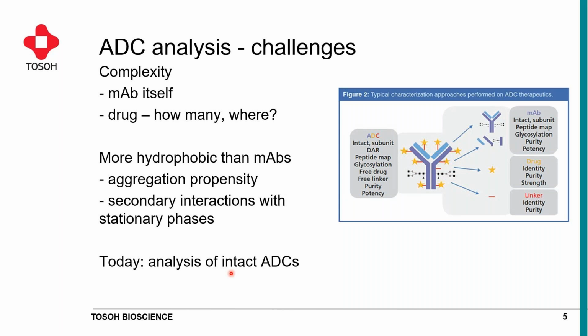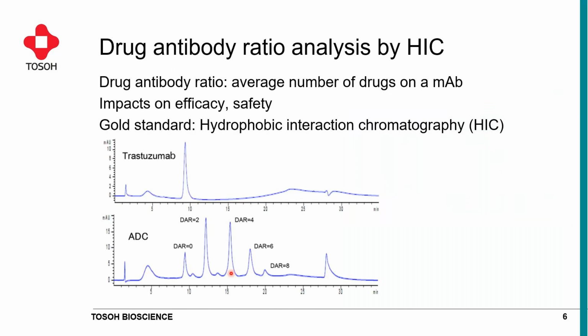First of all, even though the name for today's lecture is actually novel approaches, I would still like to start with something very conventional that is used to analyze ADCs. Most of you are probably aware of using hydrophobic interaction chromatography, or short HIC, to analyze the drug-antibody ratio on ADCs.